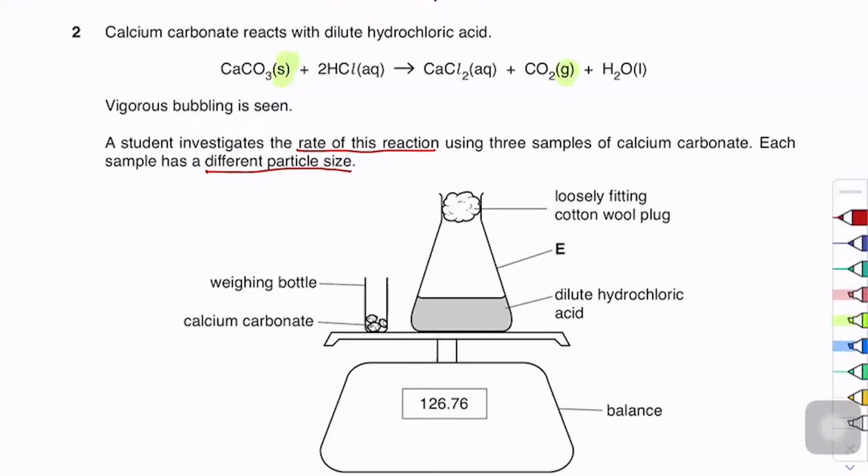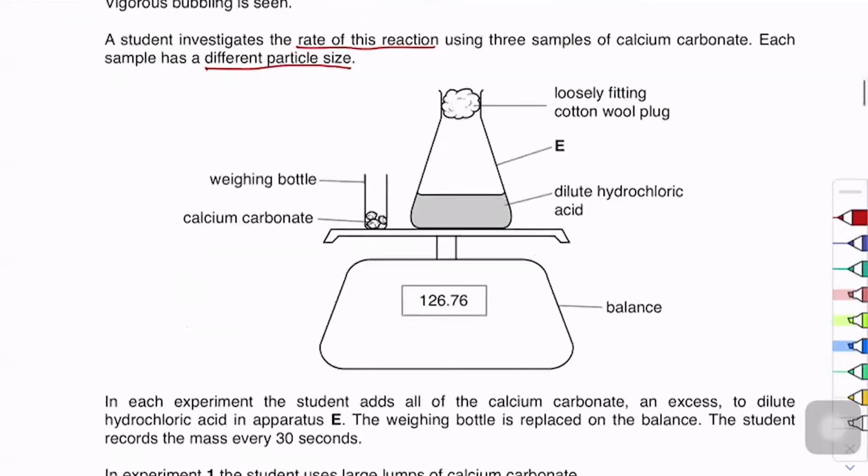And secondly, because it's rate of reaction, I need to make sure that I have some way of measuring the time. Now, the diagram tells me that you're using a balance, which means it is the mass that is the other thing. But because I want to know the effect of particle size, not the mass, I need to make sure mass is the same every time this reaction is done.